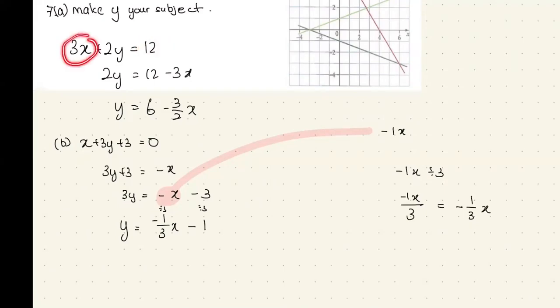I've moved this 3x over to the other side. And then I divide everything by 2. That's how I get y is equal to 6 minus 3/2x. So here I divide everything by 3. Slightly different.